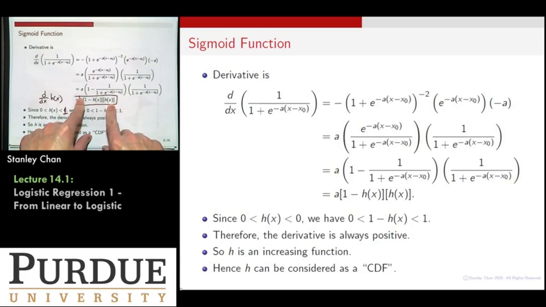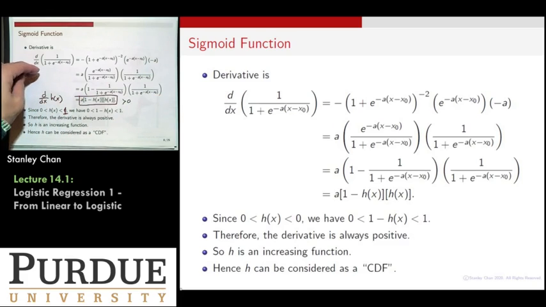Correct? And if this is bounded between 0 and 1, then you know that this is a positive number, always bigger than 0. Therefore, you can show that the logistic function is increasing for any positive choice of a. So it's an increasing function, and therefore you can view this h as a CDF, a cumulative distribution function, in the probability setting.